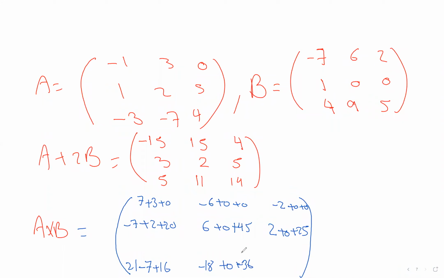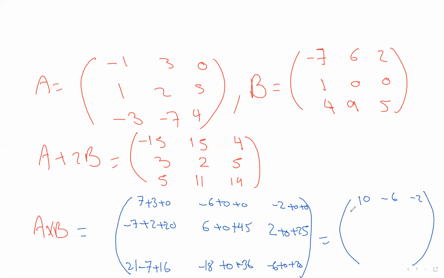Then the third row times the third column to get the third item: negative 3 times 2 is negative 6 plus 0 plus 20, and add the numbers. You will get 10, negative 6, negative 2.